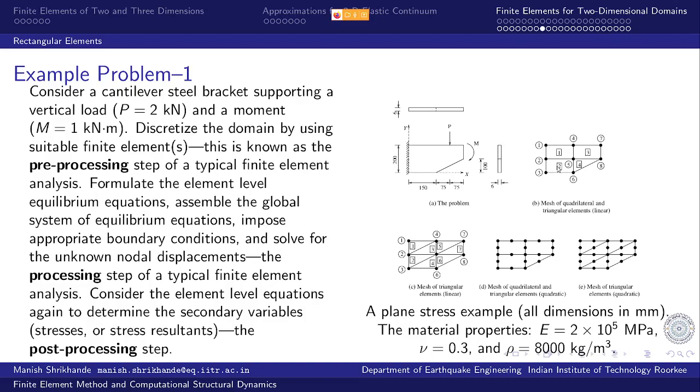Similarly for element number 2, node I is node 3, node J is node 6 and node K is node 5. So for element 1, node 5 was mapped onto node J, but for element 2, node 5 is mapped onto node K. Similarly, node number 2 was mapped to node I for element 1, but for element 2 it is mapped onto local node number L. And similarly for nodes 3 and 4.